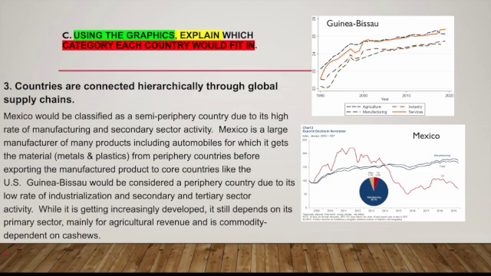While it is increasingly getting more developed, it still depends on its primary sector, mainly for agricultural revenue and its commodity dependence on cashews.